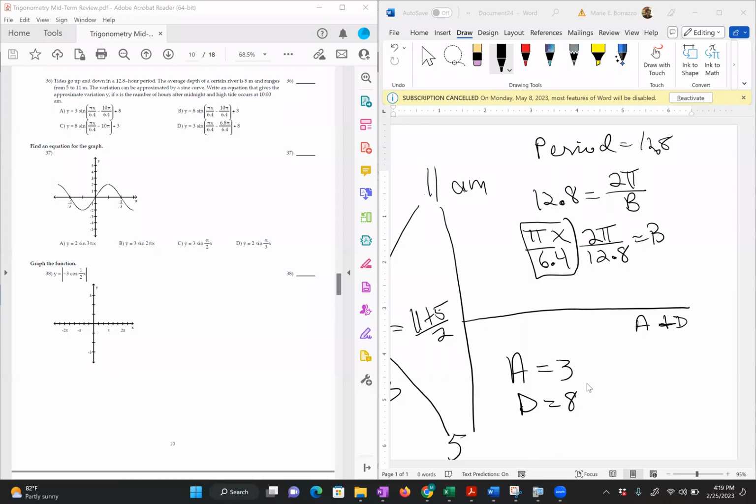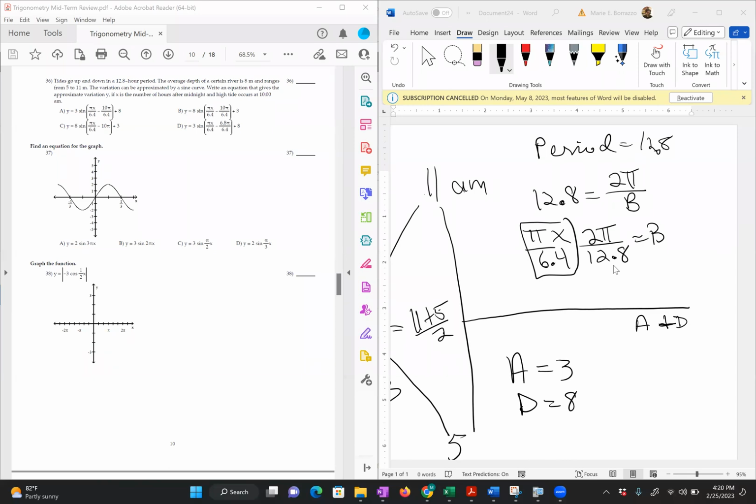All right, wonderful. So I went through with you with the A, the D, and the B value. Now the C value, if we do the math for the C value, you'll find out that the resulting value will be 6.8 over X. This is where it gets tricky, and you kind of have to pay attention to detail in the question. They're saying that the average depth is 8 meters.